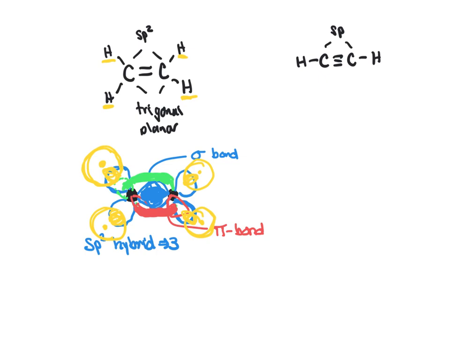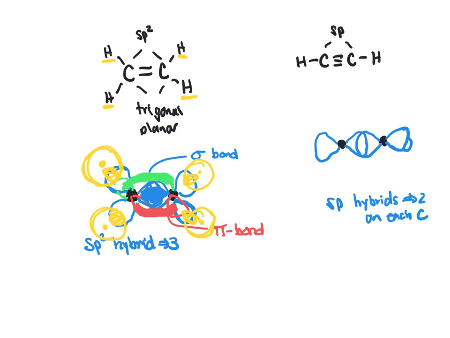So if I draw my 2 carbon nuclei, and I draw my sp hybrid orbitals, remember that those are 180 degrees from each other. So my sp hybrids, and there are 2 of those on each of the carbons.